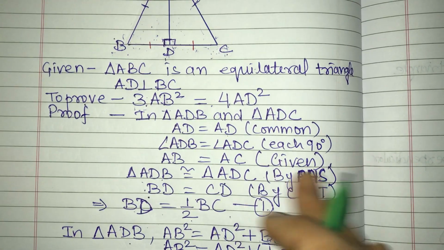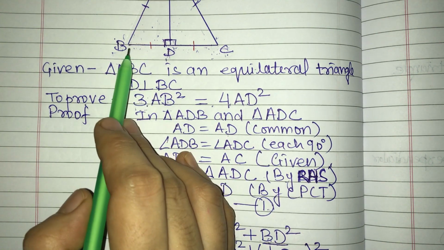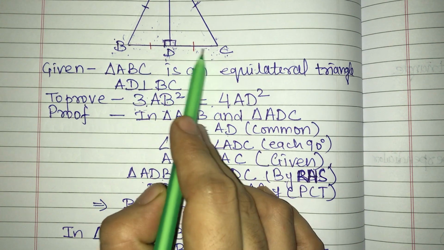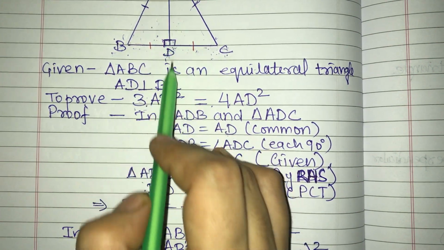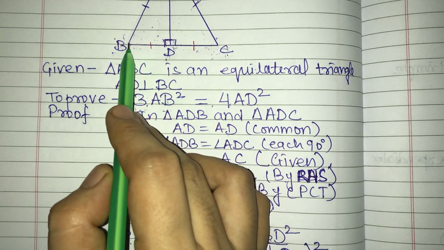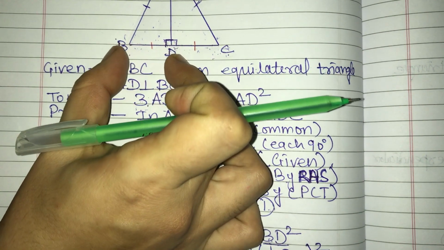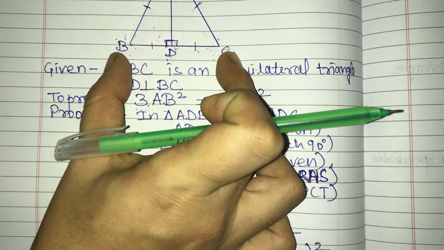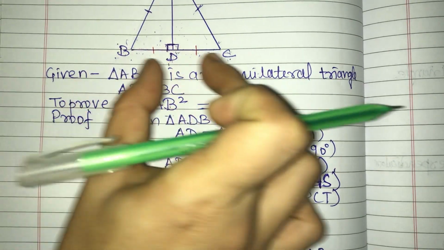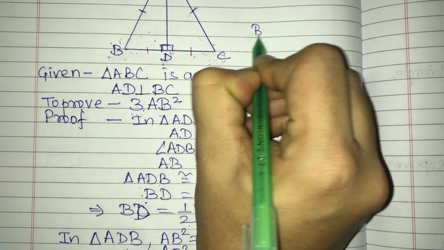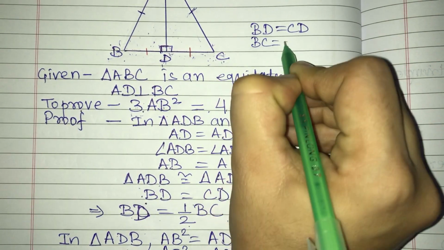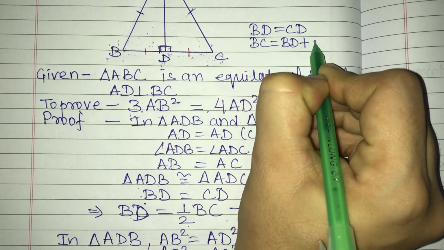Now these two triangles are congruent, therefore side BD is equal to side CD. Now these two sides are equal, therefore AD is the perpendicular bisector of line BC. So we can say BD is equal to half of BC. Why? Because BD equals CD, and BC equals BD plus CD.